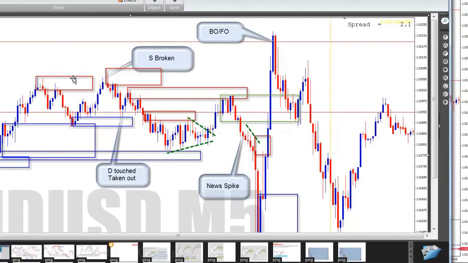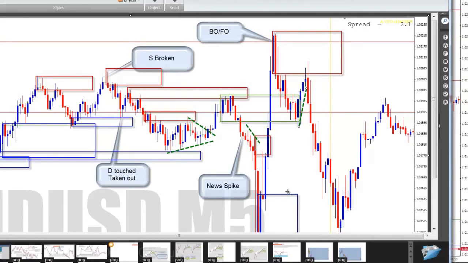Up then into supply again. We have compression here on the way up into this supply, allowing price to come back down again.